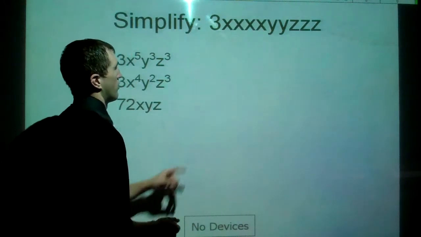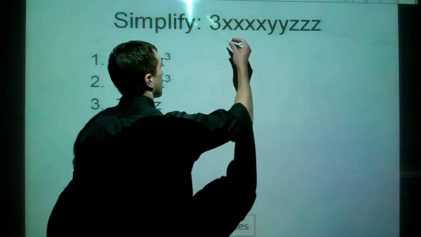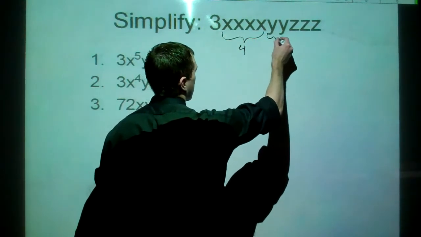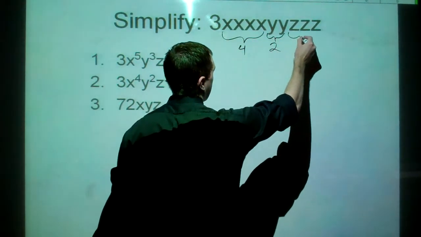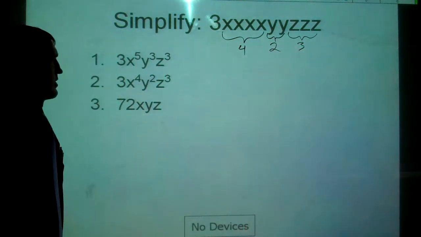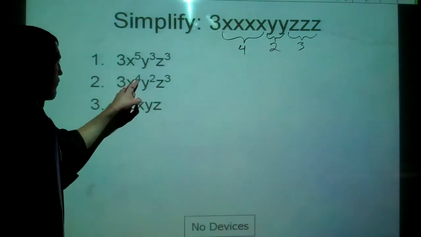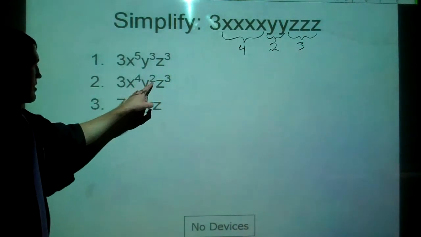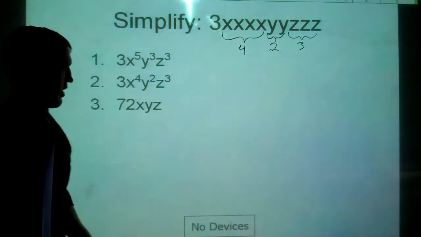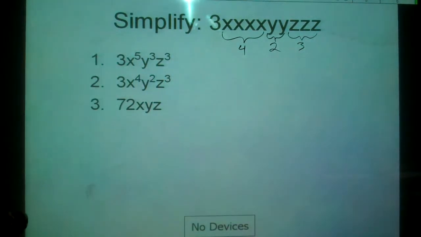So we have 4 x's, 2 y's, and 3 z's. So we want to look for the one that says 3x to the 4th, y to the 2nd, z to the 3rd. Okay? So number 2 should be what we're looking for there.